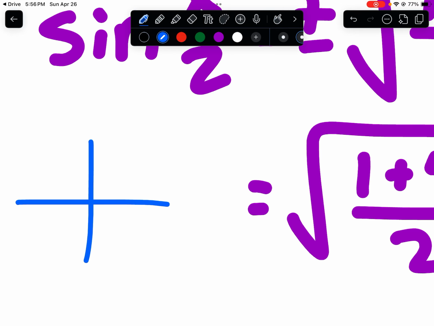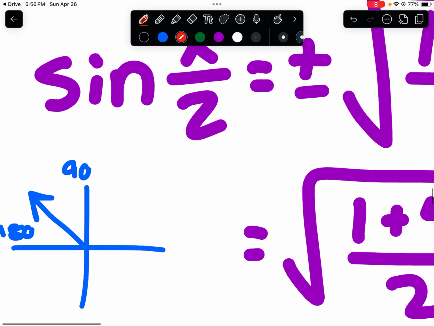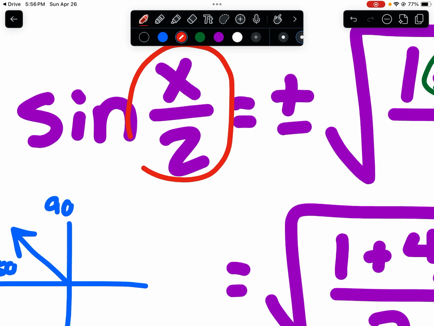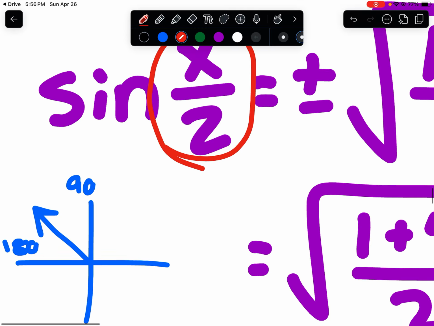But now as far as the whole plus or minus piece, if our original angle is in quadrant 2, it's got to be somewhere between 90 and 180. If I take that original angle, x, and divide it by 2, then x over 2 is going to end up somewhere in quadrant 1.